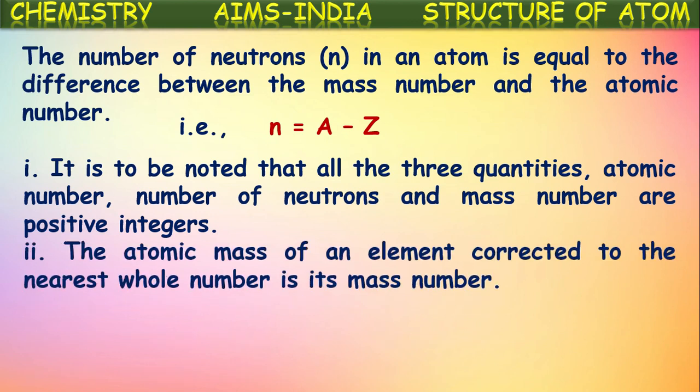The atomic mass of an element corrected to the nearest whole number is its mass number. Yes, for some atoms, atomic masses may be fractional numbers also. So if these atomic masses are corrected to the nearest whole number, then they will be equal to their mass number.